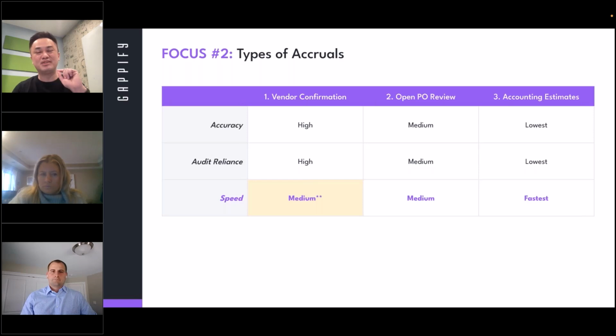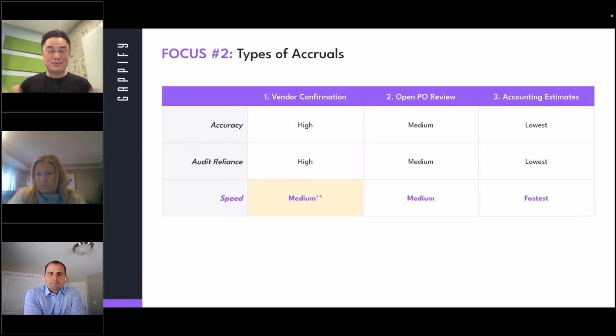Vendor confirmations can be fast or they can be slow. They are very slow when accounting teams are not emphasizing urgency. And believe it or not, and this is something I've had come up and also something I'm vocal about sharing with customers, if you are managing an accrual process, you have a lot of say in terms of getting your vendors to get on board with an accrual confirmation program.